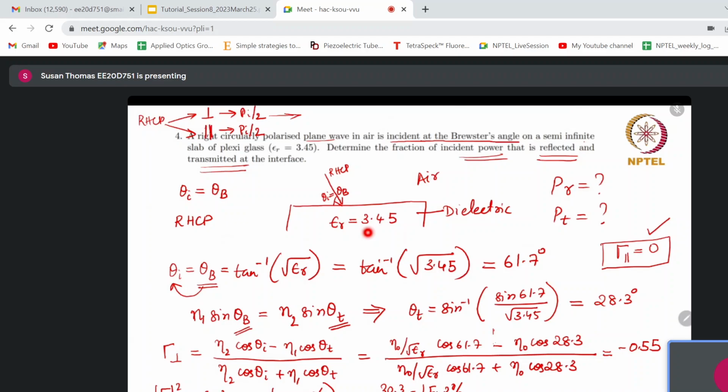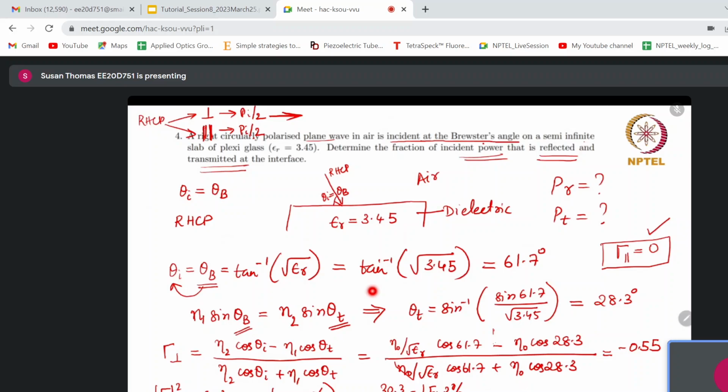The parallel component had the other half of the incident power, but because it was incident at theta B, the Brewster's angle, there is no reflection. So reflection is basically in the perpendicular component. Take half of them, so this 15.2% is reflected back out of the total incident power.